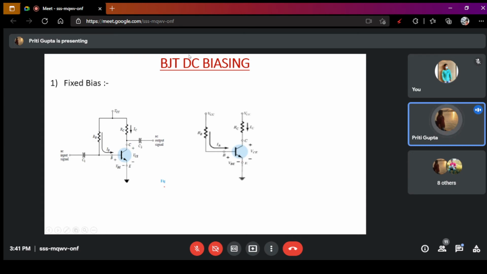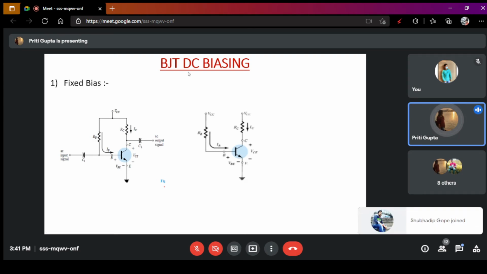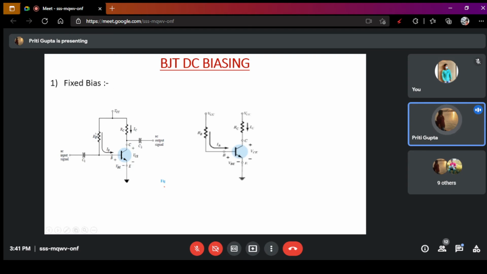Now, as we are using DC biasing, in the input terminal we are giving DC. So capacitors have no value, because for DC, C equals 0. All of you know that. So we are just redrawing this circuit, nothing else. This part and this part we have omitted because C1 and C2 have no value.